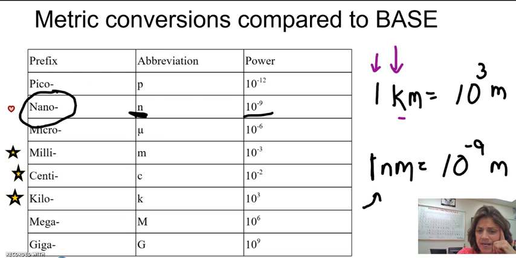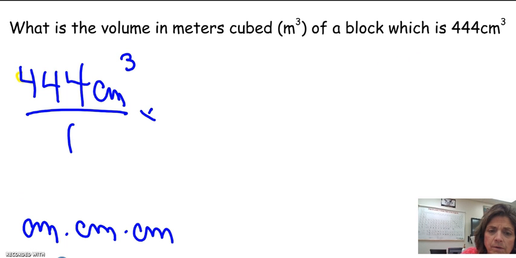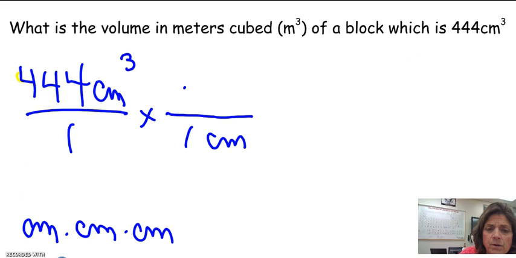All right, now if we're going to go to meters, well, gosh, let me see. Here's centi and here's meters. So that means that 1 centimeter equals 1 times 10 to the -2 meters, doesn't it? All right, so can't I just go like this? 1 centimeter, 1 times 10 to the -2 meters.